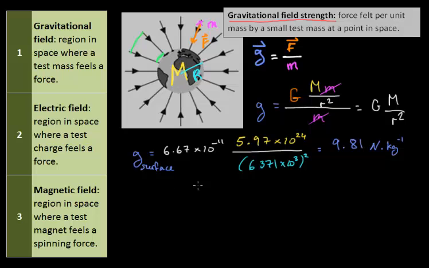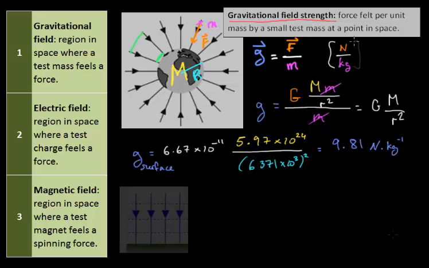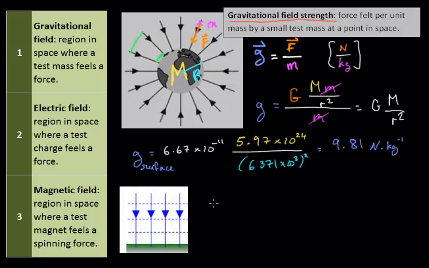And if you plug this into your calculator, you indeed verify that you obtain 9.81, and we have newtons per kilogram, because if you look at the defining equation for gravitational field, indeed we have a quantity in newtons per kilogram.